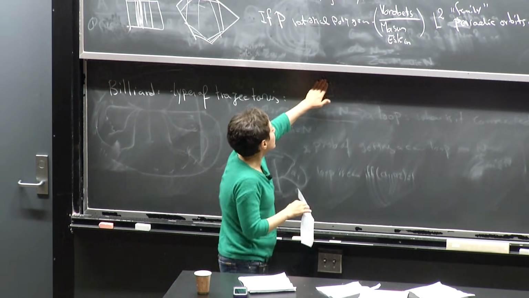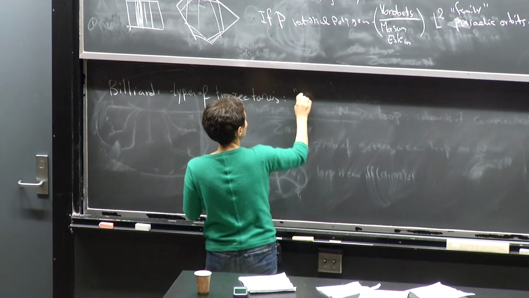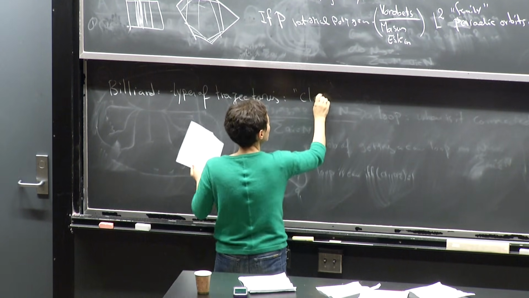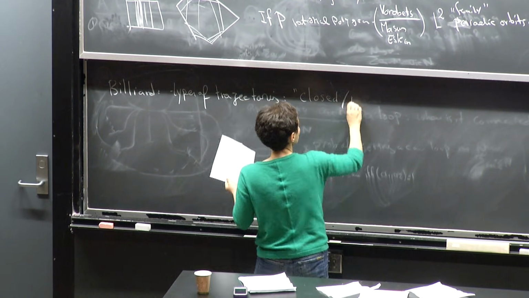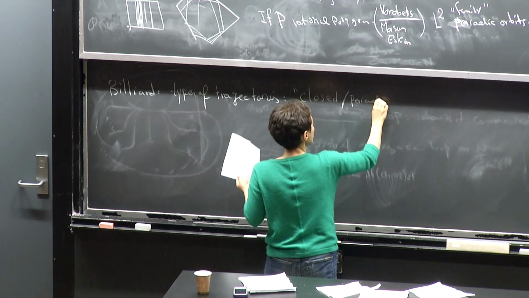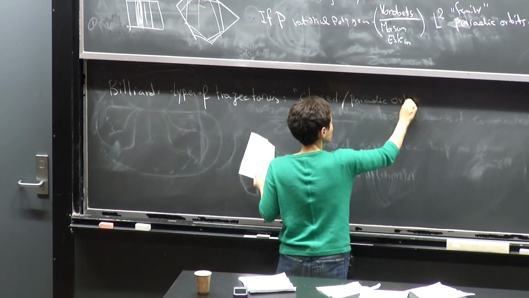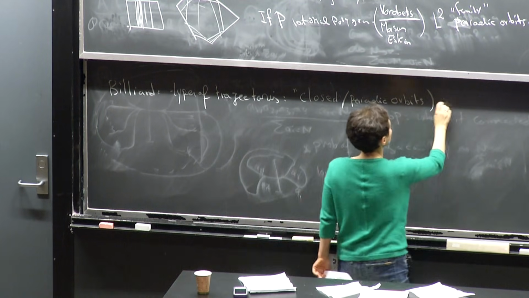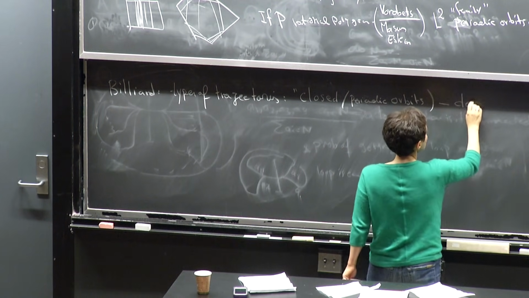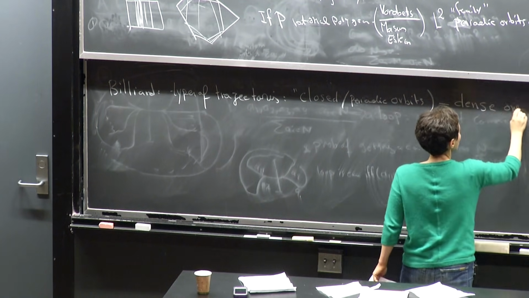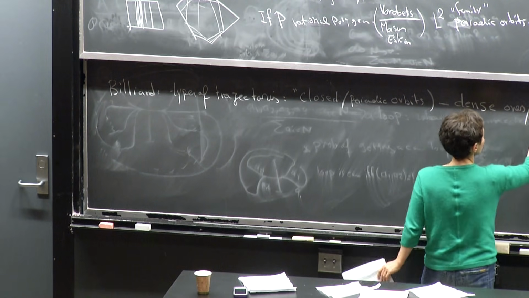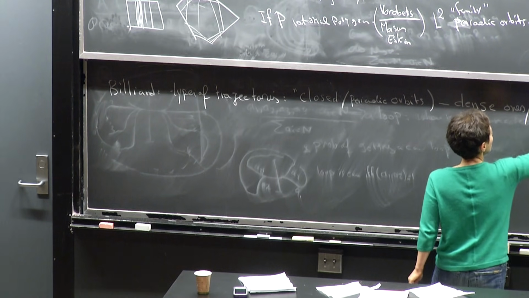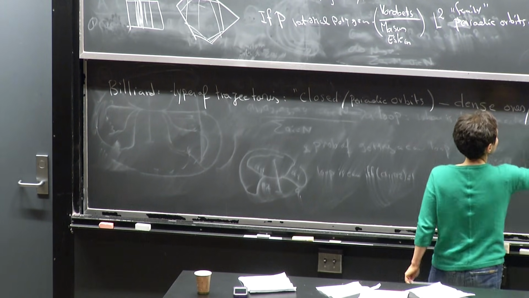For example, hopefully, if the conjecture is right, there are closed, meaning periodic, orbits for a trajectory of a billiard, but you want to know if there are dense ones, or are there ones which are not closed, not dense.